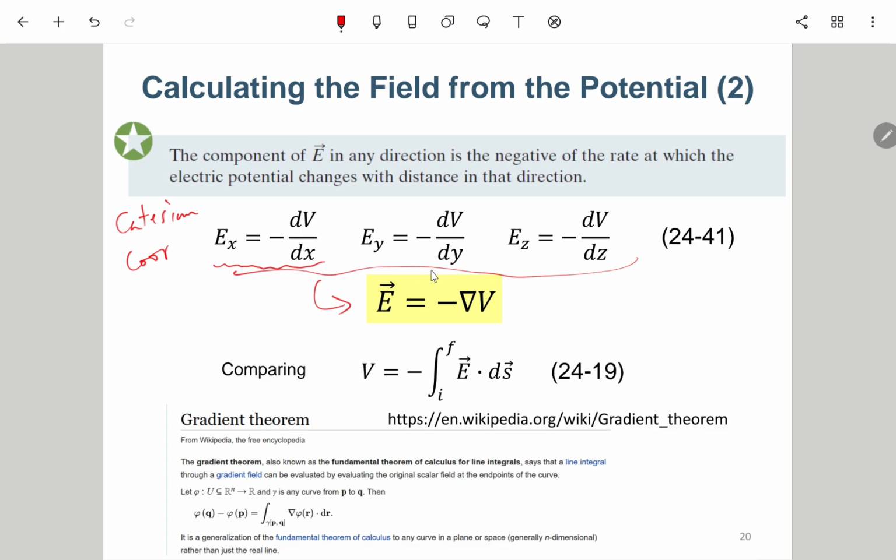This derivative in high dimension becomes this upside down triangle. They don't use the normal triangle because delta means the difference. So here they use an upside down triangle to represent the derivative in multi-dimension.